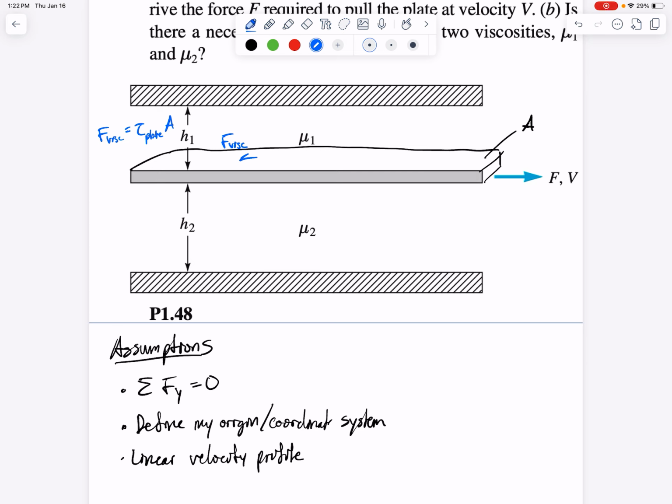So once again, we're going to assume a linear velocity profile, which means that, I draw a line here to represent 0 for now.